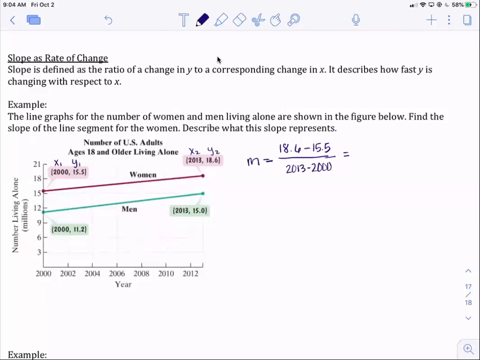Okay, 18.6 minus 15.5 is 3.1. 2013 minus 2000 is 13. And since we're talking about rate of change, usually we want to leave it as a fraction, but since this one is given us decimals, let's go ahead and find that decimal. And we're going to round, so we have 0.24.